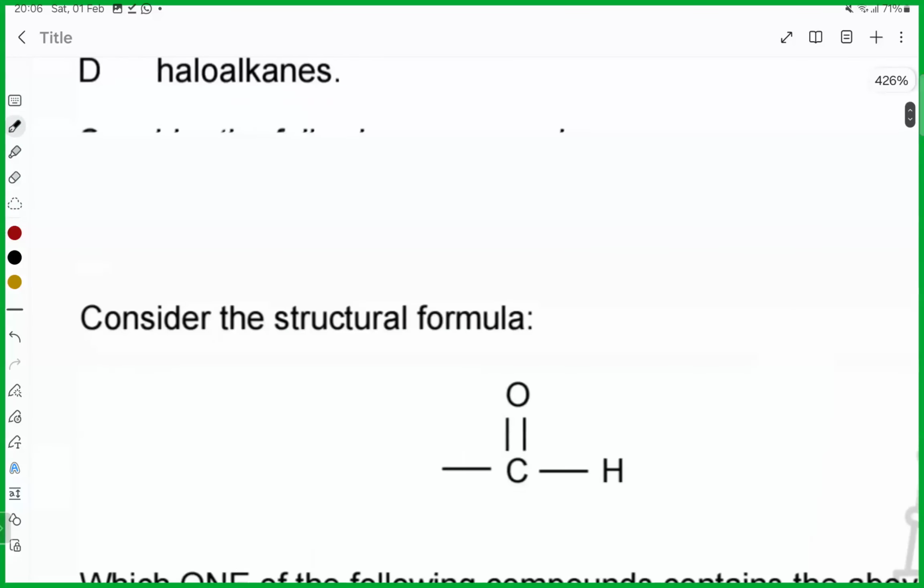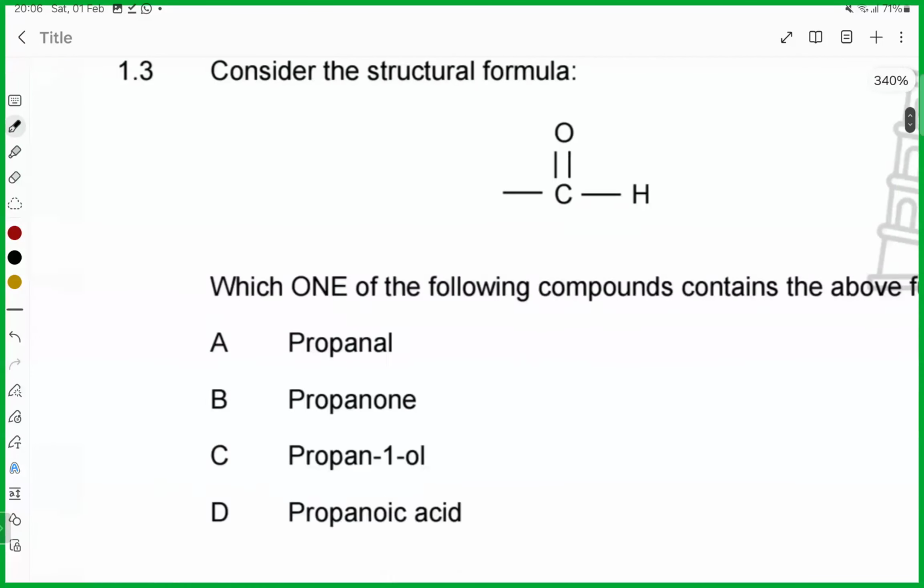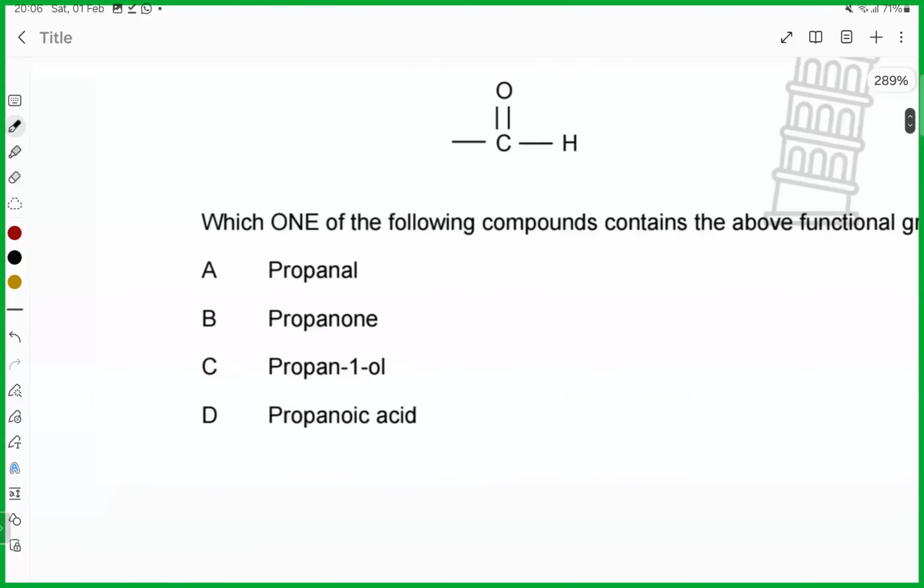This is the functional group of which group of compounds? Aldehyde. Very good. It's an aldehyde. C double bond O with the hydrogen at the end, or rather at the beginning, because it's the first carbon. That's an aldehyde. Which one of these is an aldehyde?